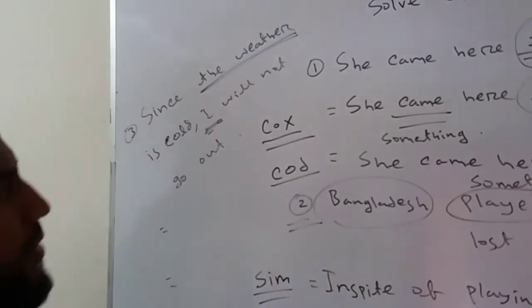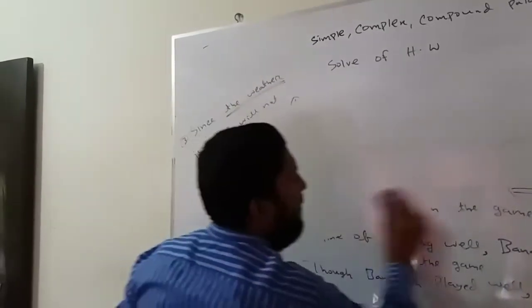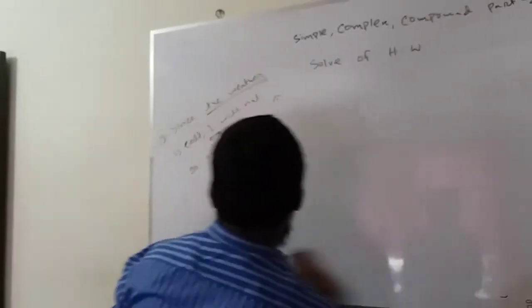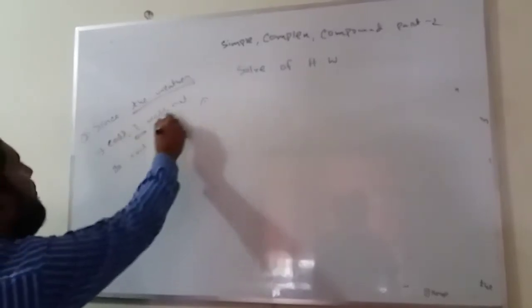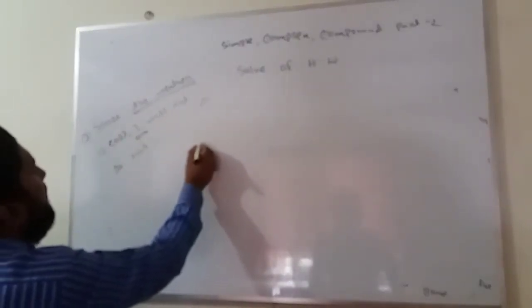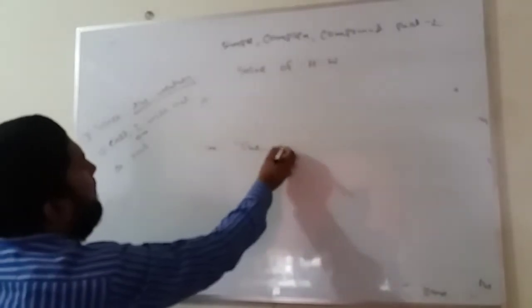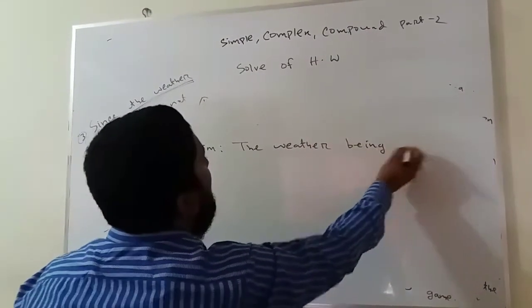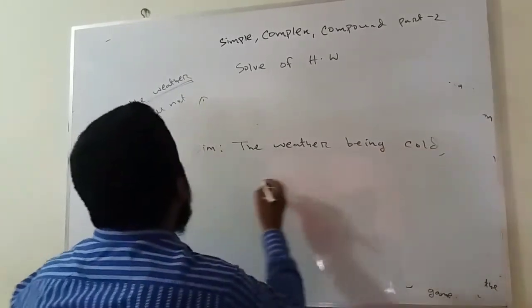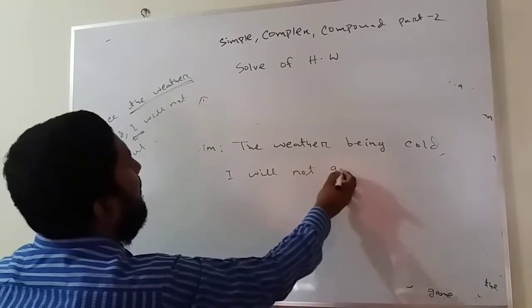Firstly, I will have to remove this. Look at the board. Since the weather is cold, I will not go out. The simple format is, you can write here: the weather being cold. The weather being cold, I will not go out.